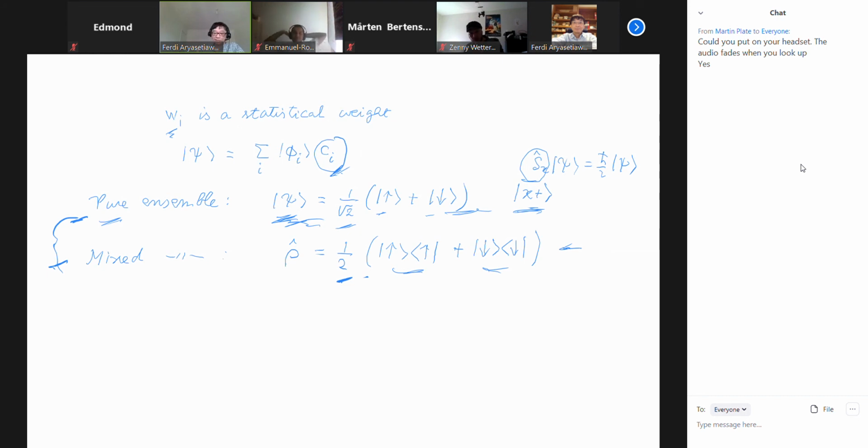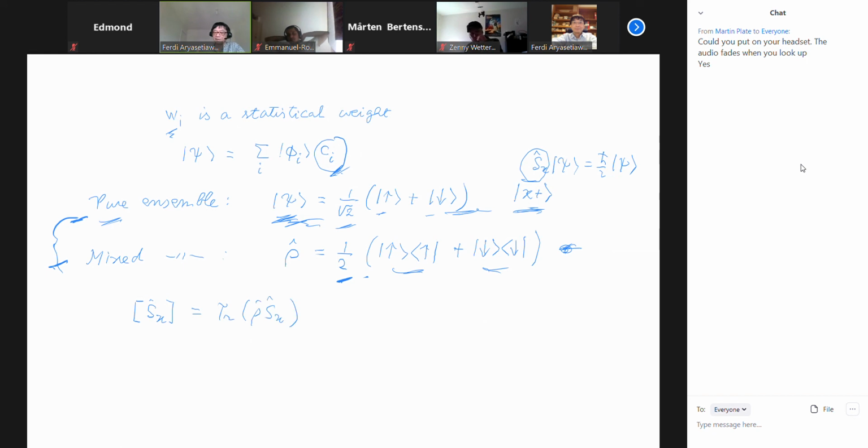So we calculate the ensemble average of Sx using this density operator. That will be the trace of rho Sx.